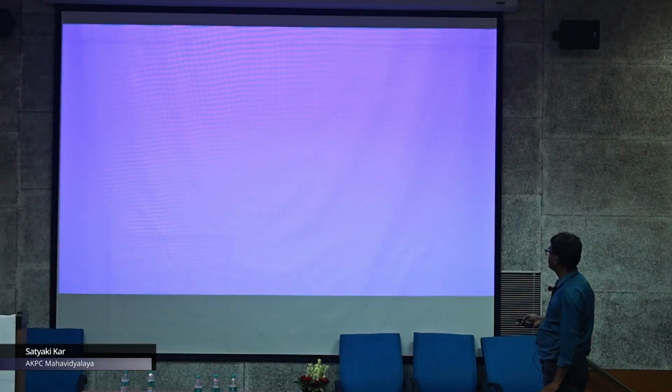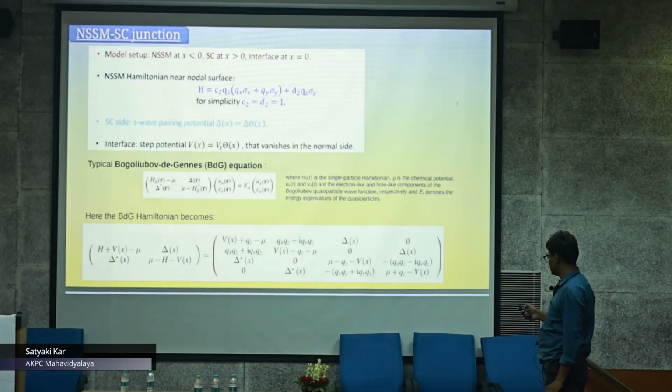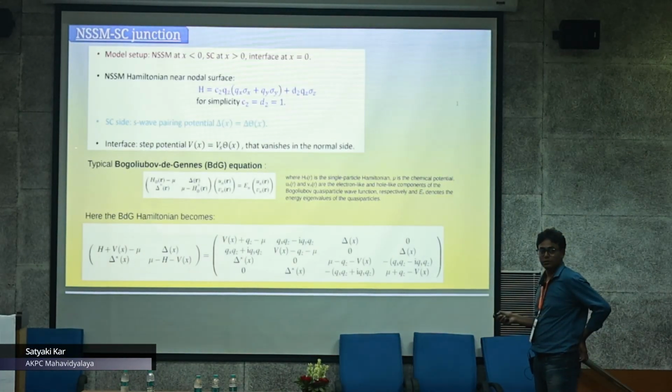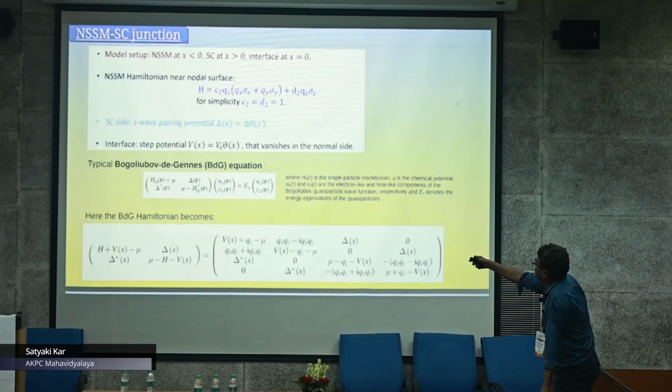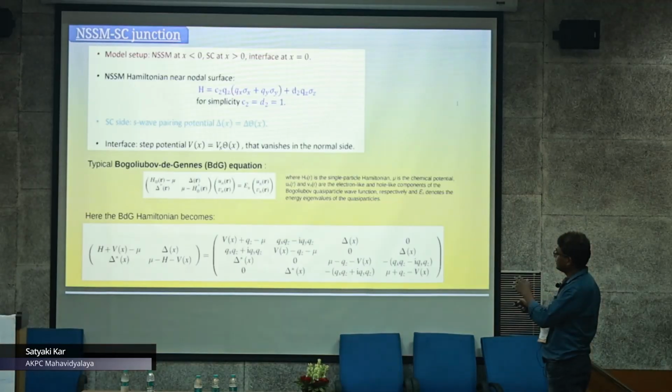what we can find in this particular system when we have a nodal surface semimetal instead of a normal metal. So with this Hamiltonian, this is my delta, the superconducting pairing function, and also we have this step potential where the positive x side is the superconductor and the negative x side is the nodal surface semimetal.